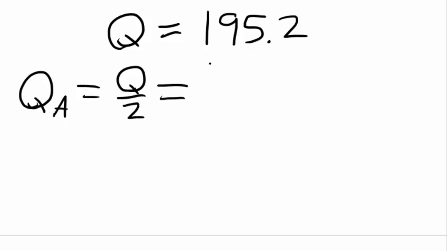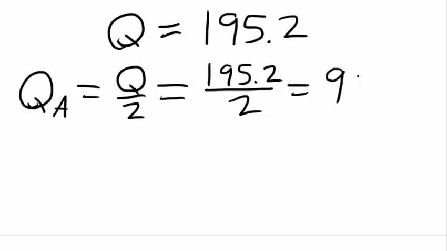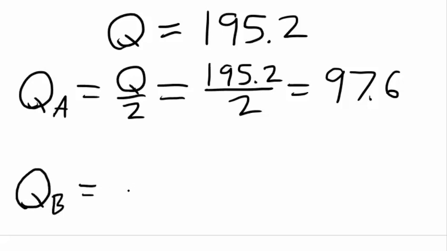So we have 195.2 divided by 2, and we get a quantity of A equals 97.6. And firm B will also get the same quantity, since they're splitting it 50-50, so they'll also produce 97.6 units of whatever good they're producing.